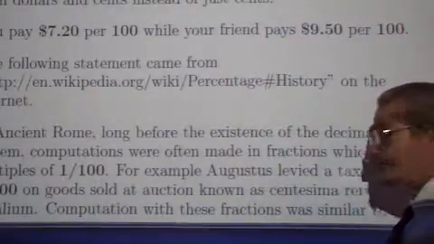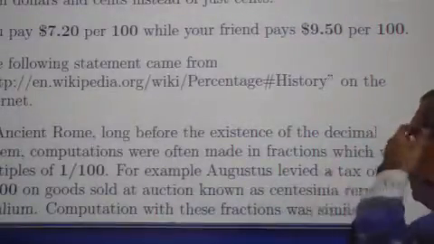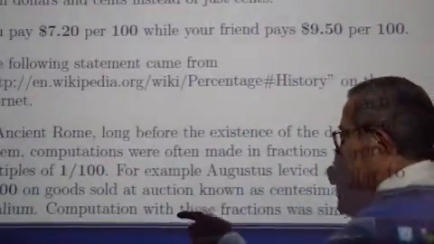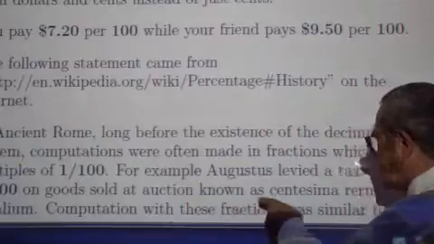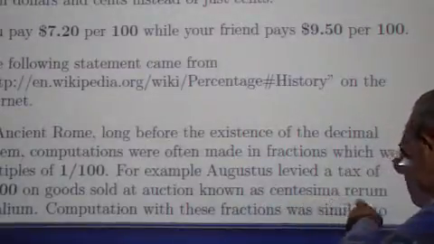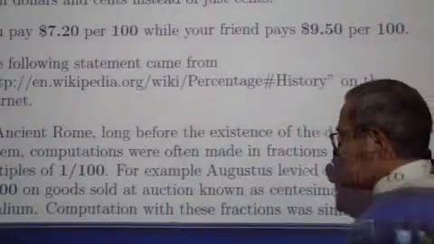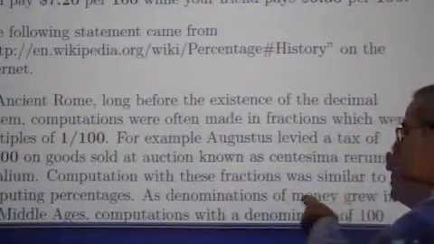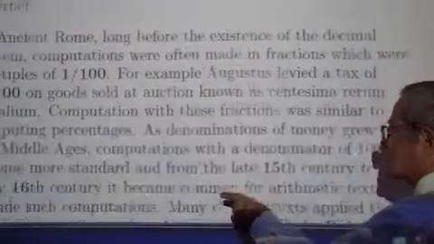So they already used 100. For example, Augustus levied a tax of 1 over 100 on goods sold at auction, known as centesima rerum venalium. Computation with these fractions was similar to computing percentages.